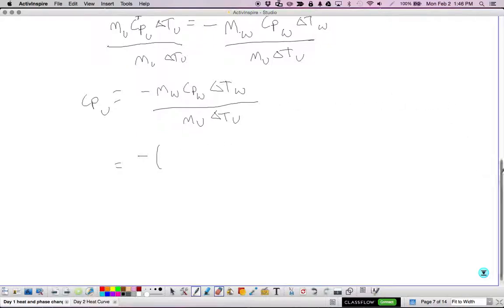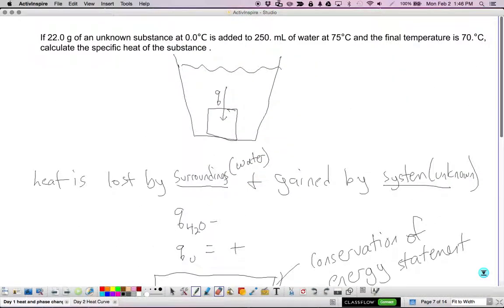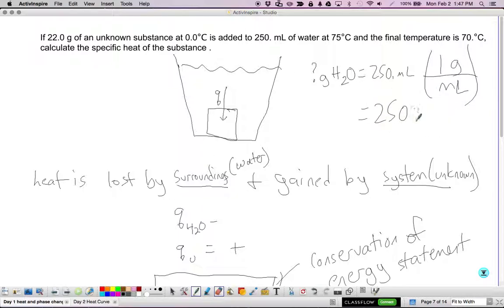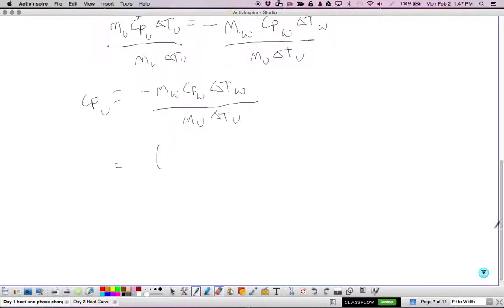And I gave you 250 milliliters of water. So I need mass of water, 250 milliliters of water, and that's 1 gram per milliliter. So I just end up with 250 grams of water. That's handy.